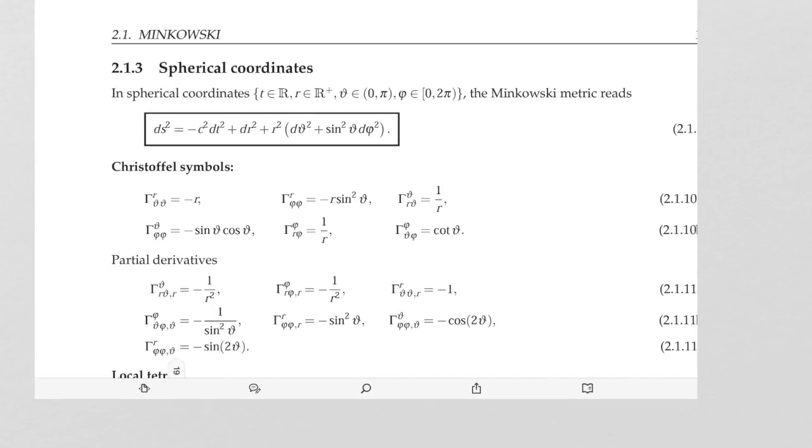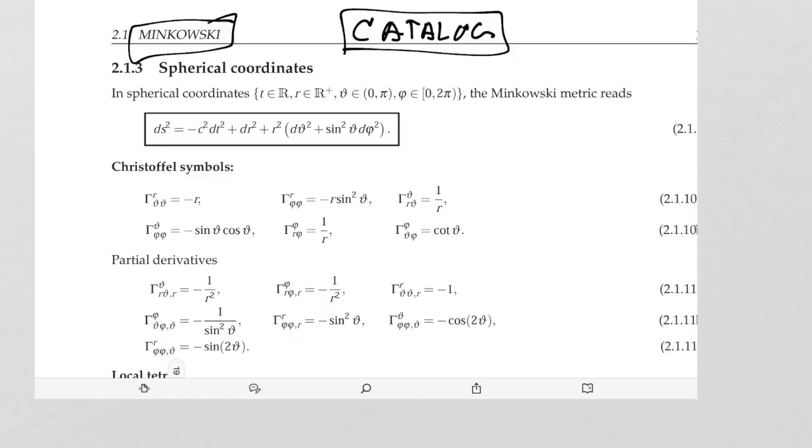So here in the catalog of spacetimes, and I think I have a reference for how to get this catalog in the show notes, we have the flat Minkowski metric in spherical coordinates.